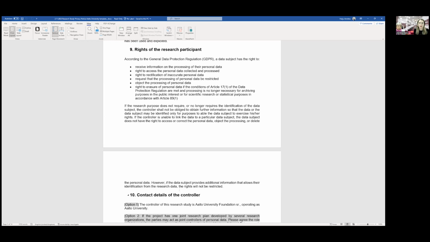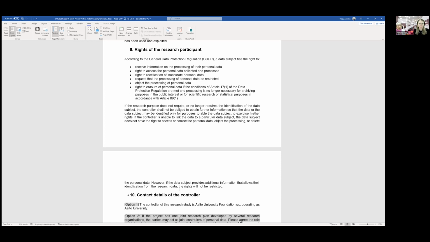Then if there are any mistakes in the personal data regarding the participant, you will need to correct those. Then in some limited cases, the participants have the right to request that the processing is restricted, and they also may have the right to object, that they don't want their personal data to be processed.